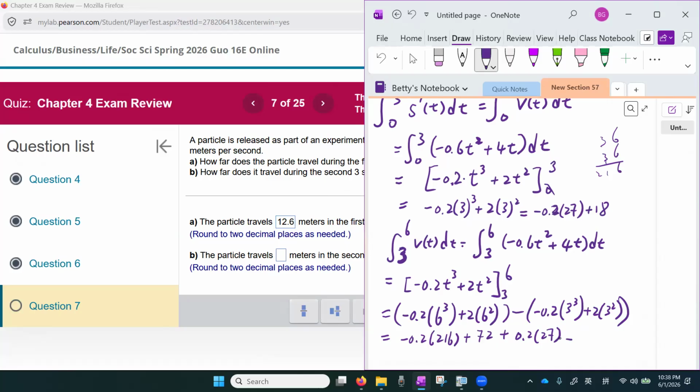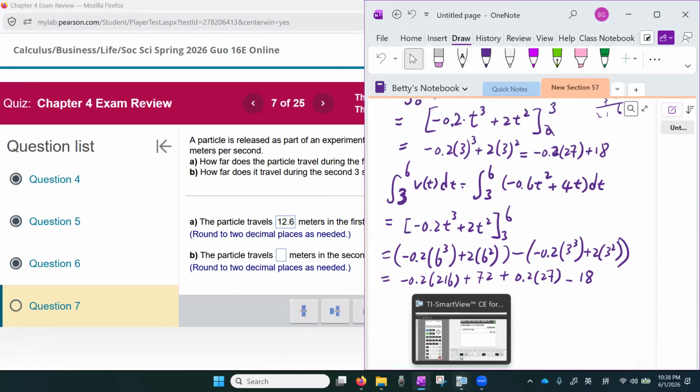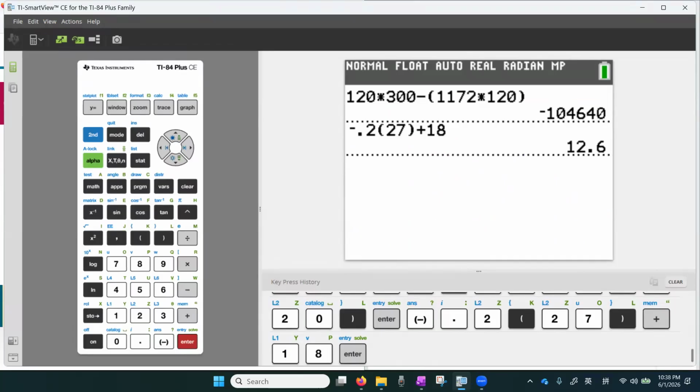So we're going to have negative 0.2 times, let's see, 6 cubed is 216.